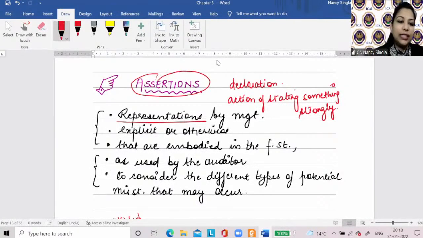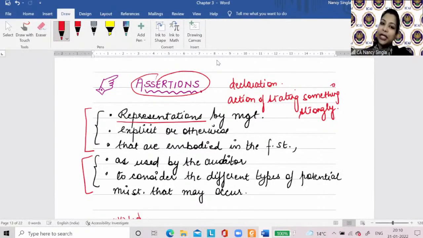So first of all, I have divided this definition into 5 points, but more importantly into 2 parts. The first part talks about assertion and management, how they are related, and the second part is about the auditor and assertion, how they are related. So this much we have understood, that management gives the assertion, and you have also understood that the auditor will be checking those assertions only.